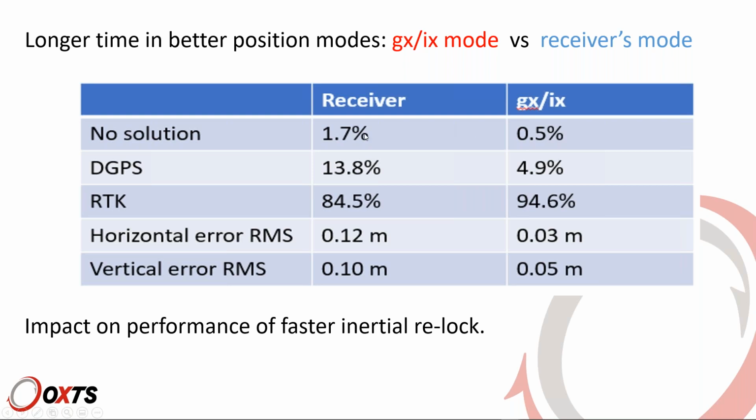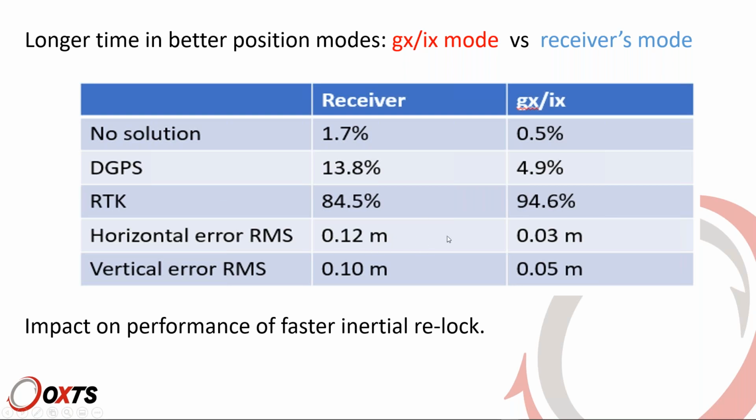But the biggest impact is on how quick the system was to jump back to the highest possible mode, that's RTK. The system was 94.6% of the time in RTK, whilst the receiver was only 84.5. So it's 10% more time in RTK because of the faster inertial relock.